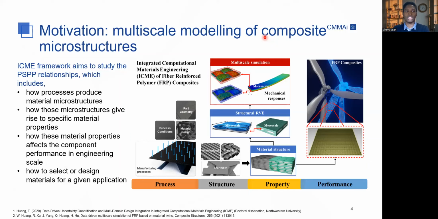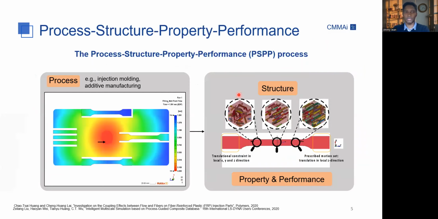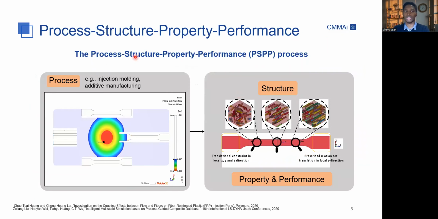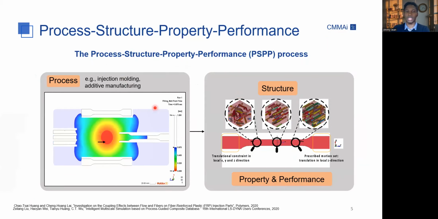And those relationships include how processes produce material microstructures, how those microstructures in turn give rise to specific material properties, how those material properties affect the performance in engineering scale, and finally, how to select or design materials for a given application. And this is an illustration of the PSPP process.